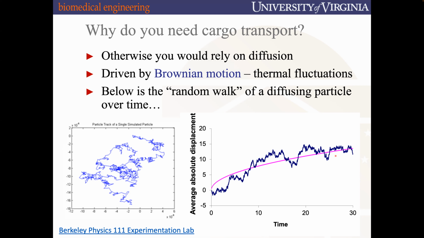But if you plot a fit line to it, it looks a little like what the square root function would look like. So this means that it can get to places that are relatively close in a reasonable time, but if you try to go a very long distance, it will take a very, very long time.